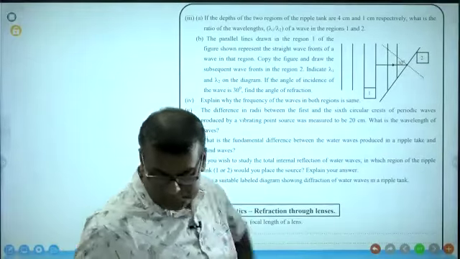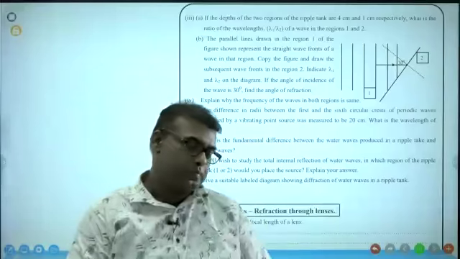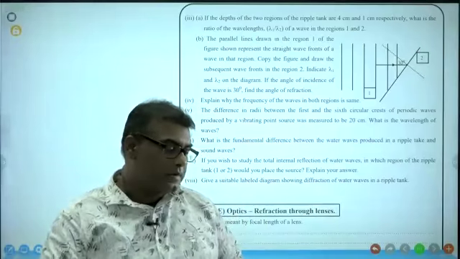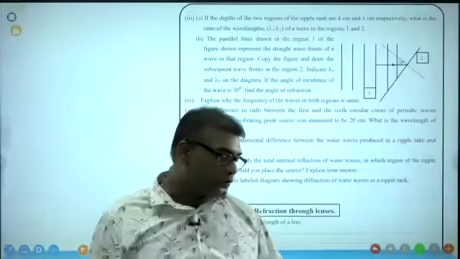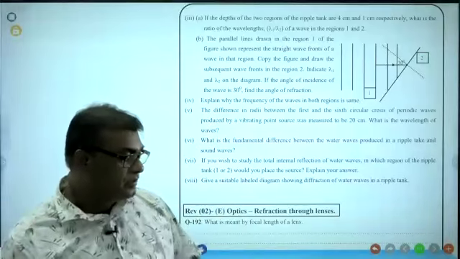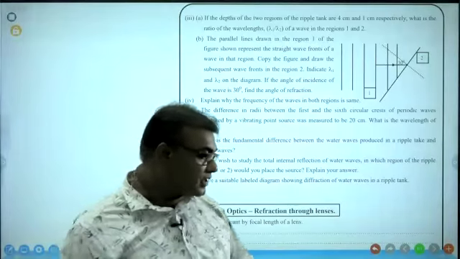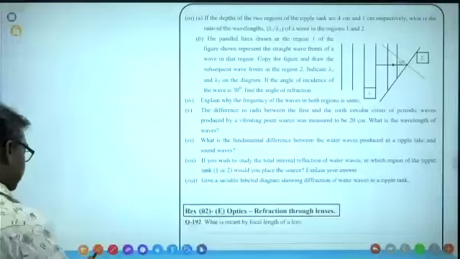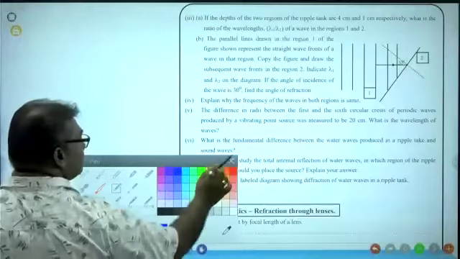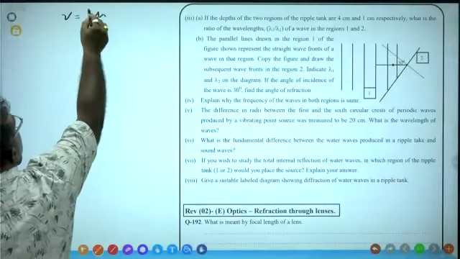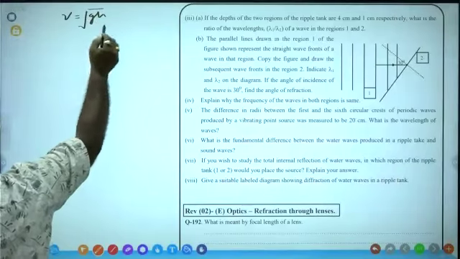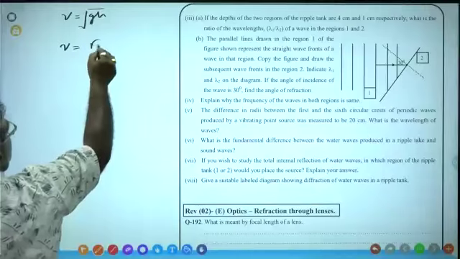Roman 3a. If the depths of the regions of the ripple tank are 4 centimeter and 1 centimeter respectively, what is the ratio of wavelength? Let's see. V equal root GH and V equal F lambda.